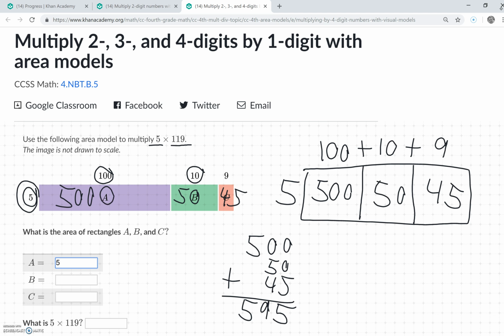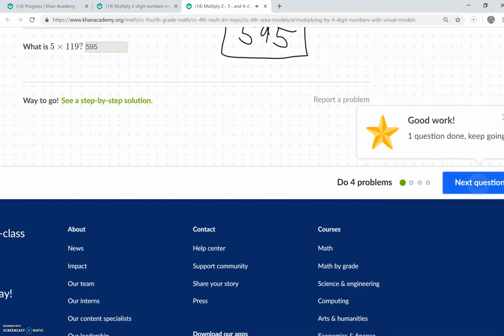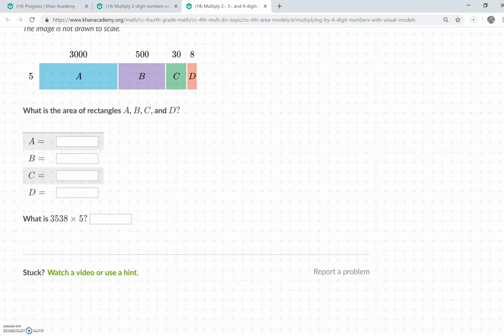So that's 500. B is 50. C is 45. So about 45 there. And all of them added up means that 5 times 119 is 595. Okay? 595. Okay, I'll push enter. I got it correct.